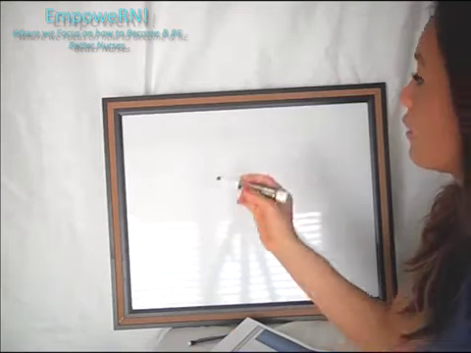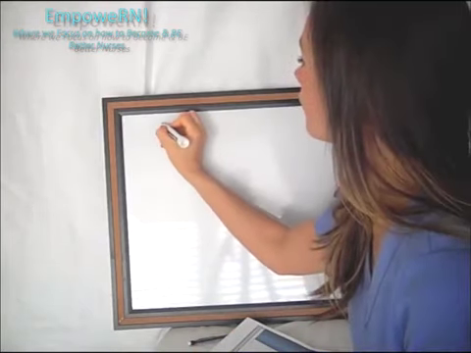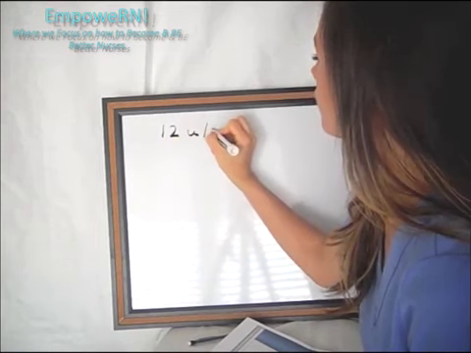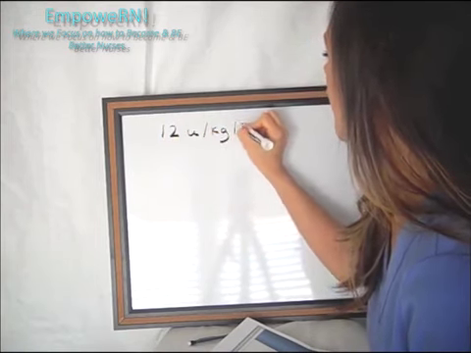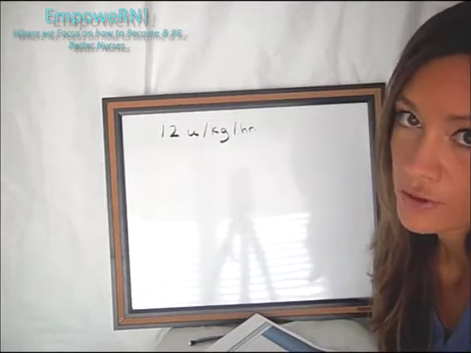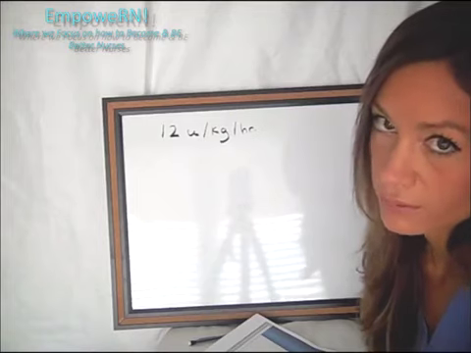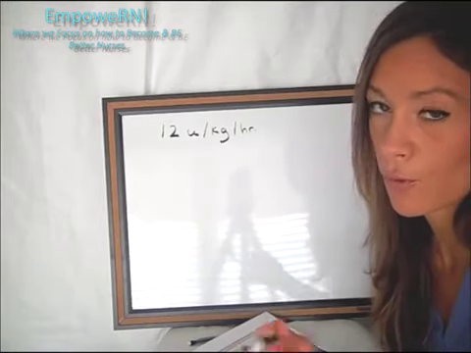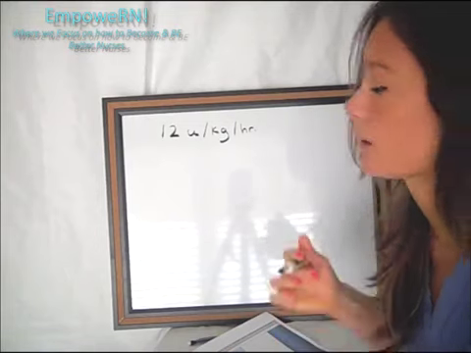So we start with an order of 12 units per kilogram per hour. Whenever we're giving a drip, we need to know one thing, and that is how many milliliters per hour we are going to run the drip at.